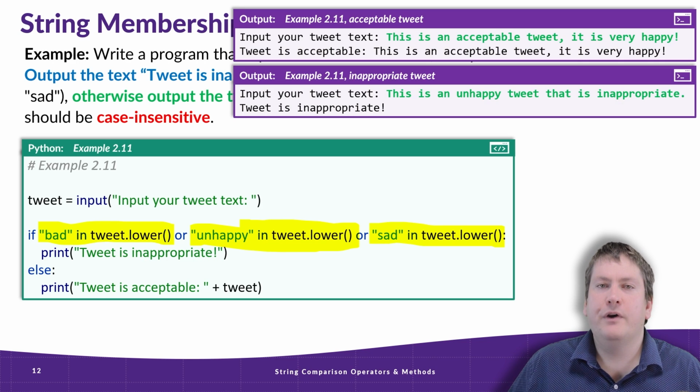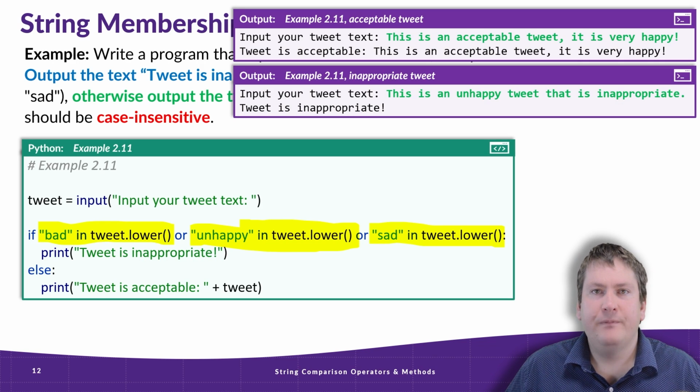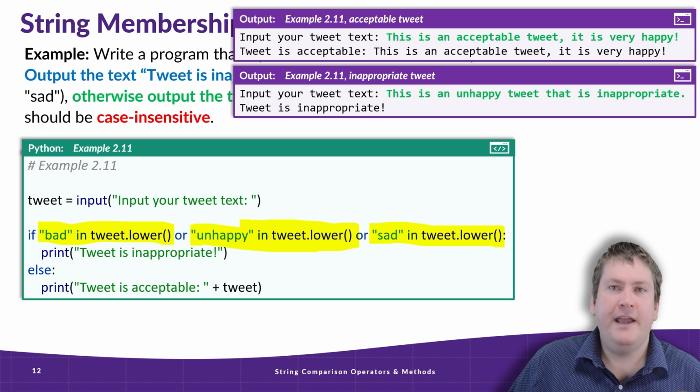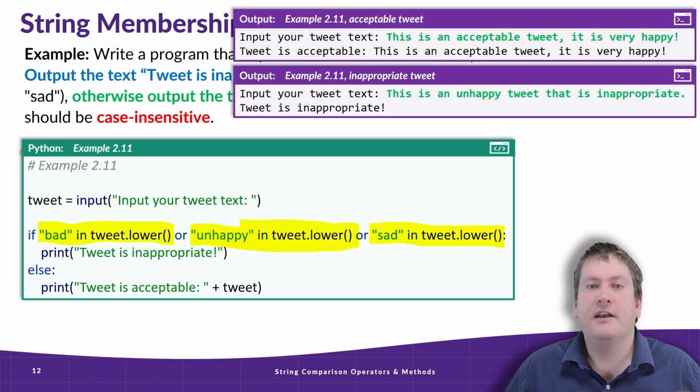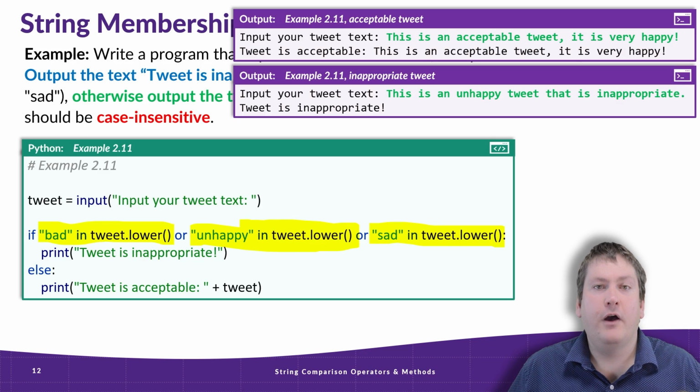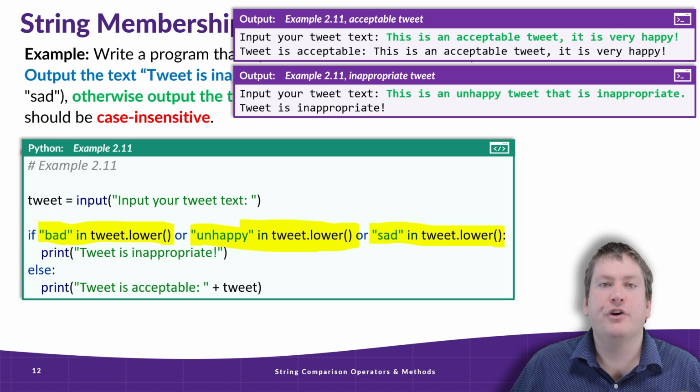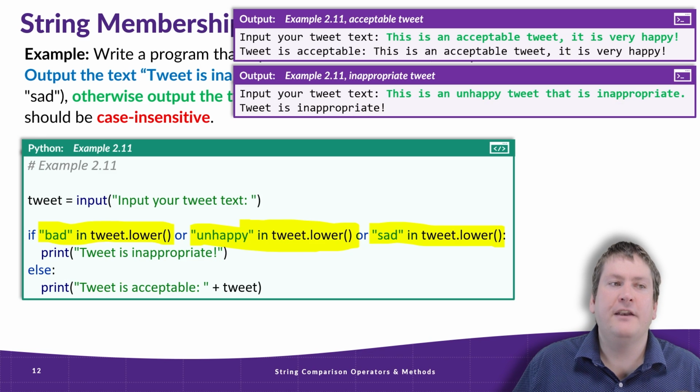Well, in this case, we're going to match the word unhappy. It happens right after the word "an," and it matches the second condition in that bigger conditional statement. So unhappy in tweet.lower would return true, and since this is an or statement, if any of the values are true, it returns true. So we just get "tweet is inappropriate."